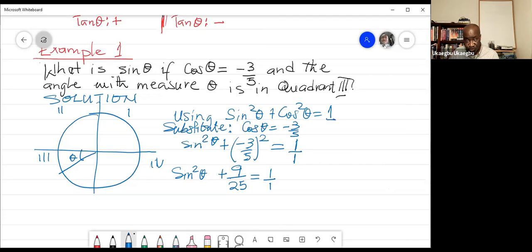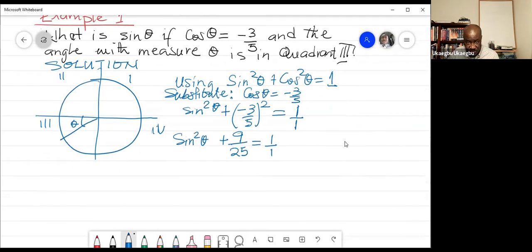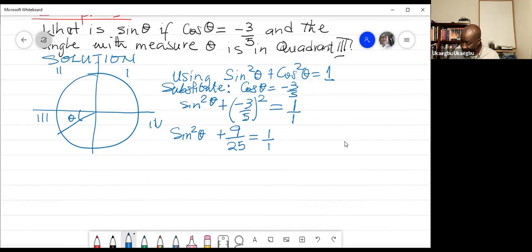Now, in order for us to solve that, here's what we do. We just transfer this plus 9/25 to the right side. Then the sign changes from positive to negative. True or false?